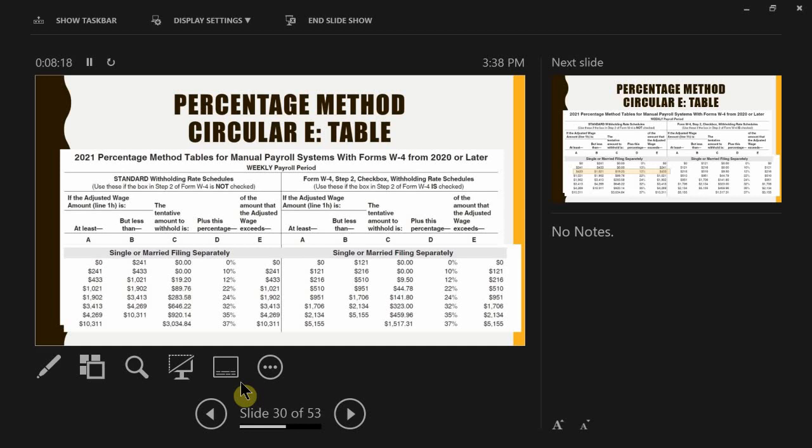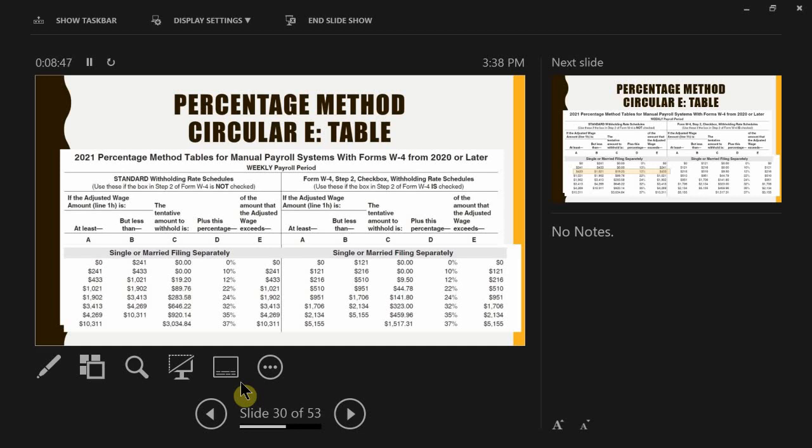So therefore, we're going to be on the left side of the table, under the single status, filing separately. She has no significant other, and the check mark in step 2 is no. So we have to take our $686.25 and go down column A and figure out, did she make at least that amount?